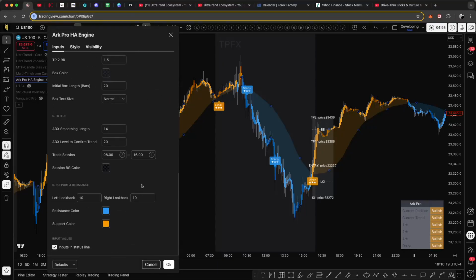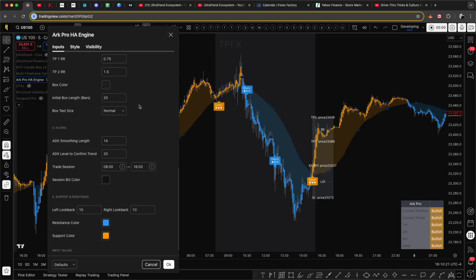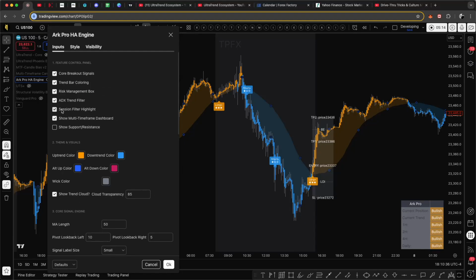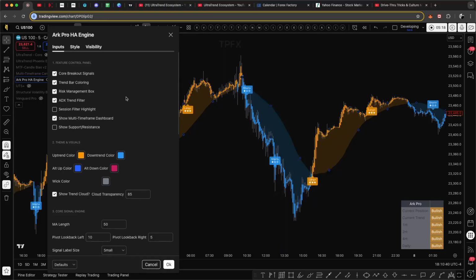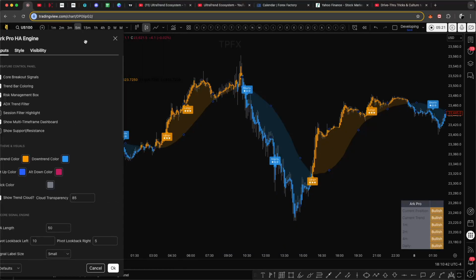Right here, pretty much everything stays the same. Again, notice that I'm using the filter. You see this gray zone right here? Why am I using the filter on all my indicators? Again, this is preference. If you don't like it, you can simply disable the session filter and remove it.